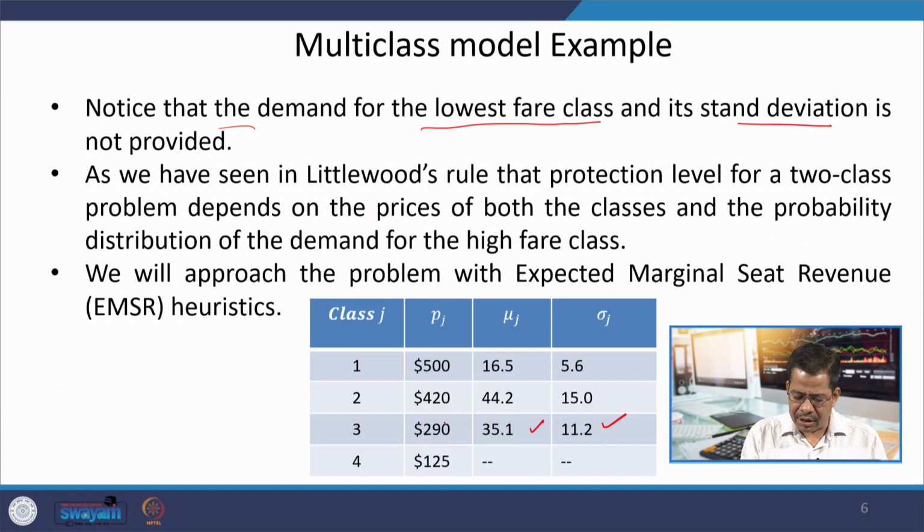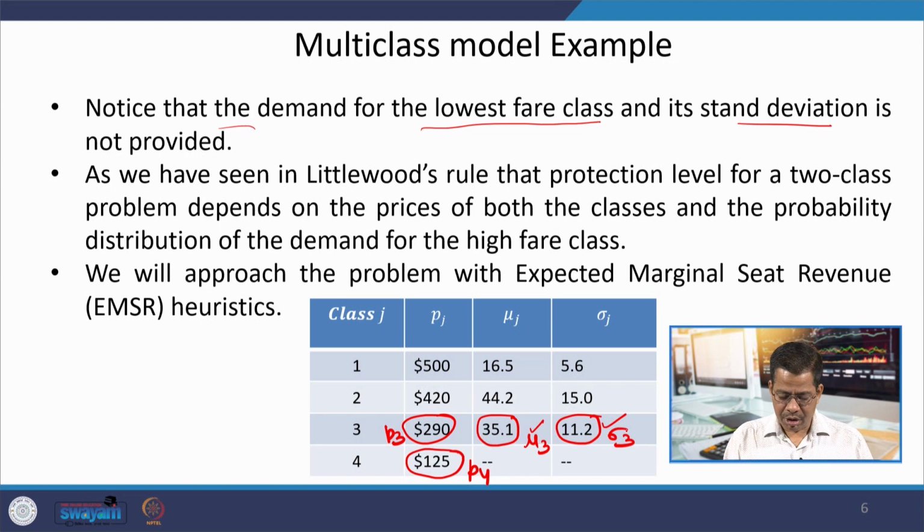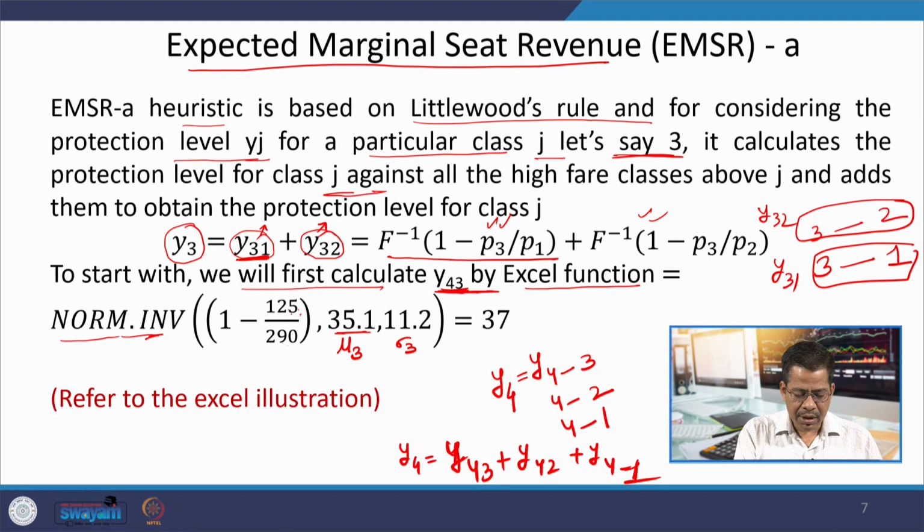You can refer to this data from this particular table: this is your P 4, this is P 3, this is mu 3, this is sigma 3, and we have put all these appropriate values in, and we got the result directly from the Excel calculations. These formulas are inbuilt in Excel. So, you will get the value of Y 4 3 as 37.